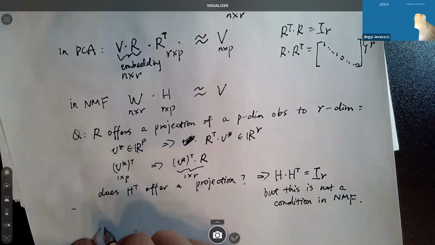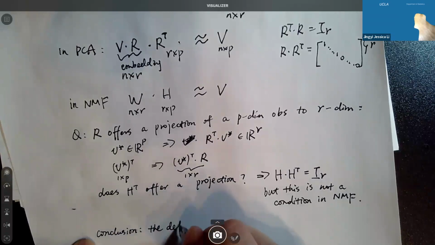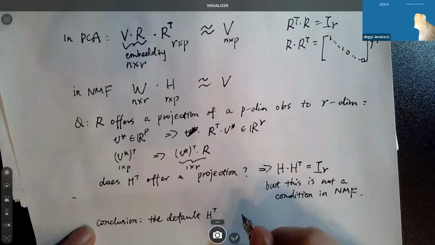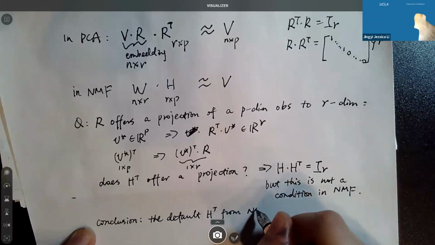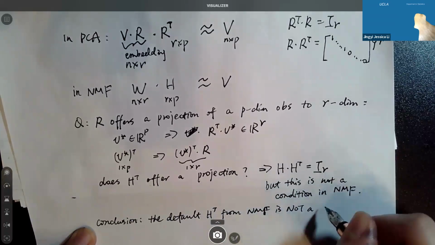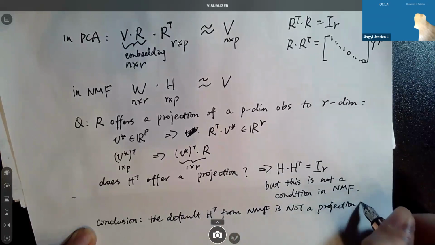So that's what I put here. So the conclusion here is that the default H hat from NMF is not a projection matrix.